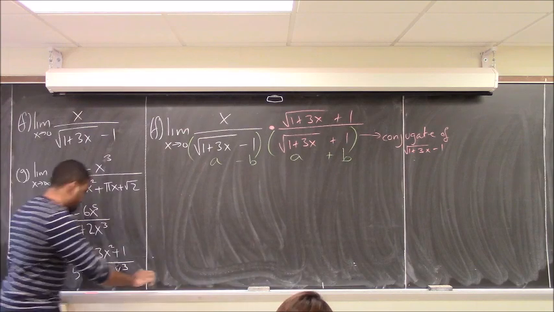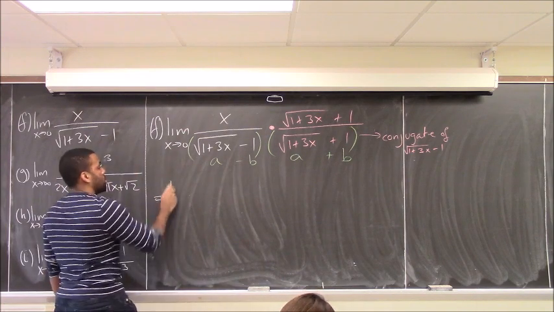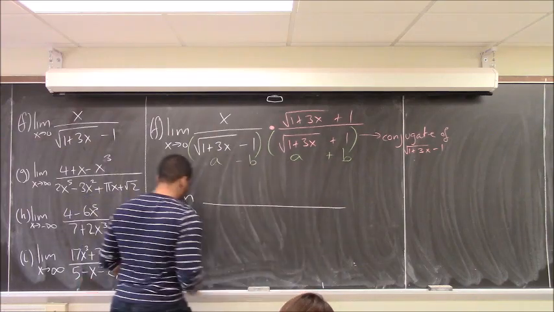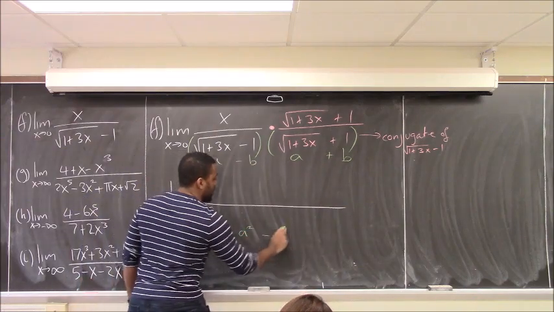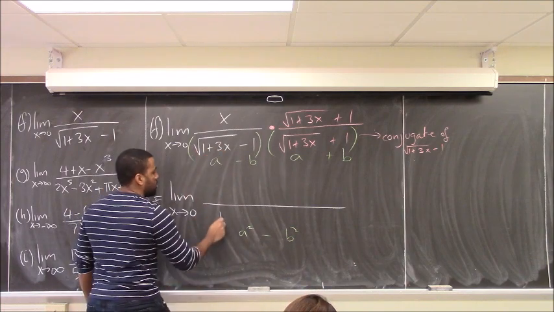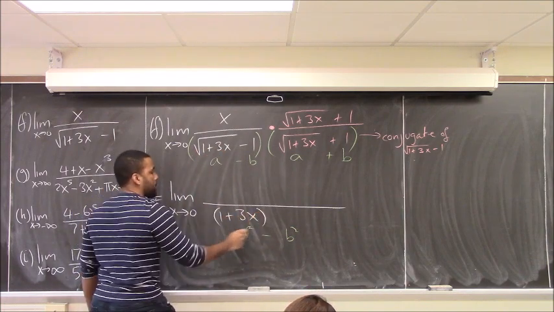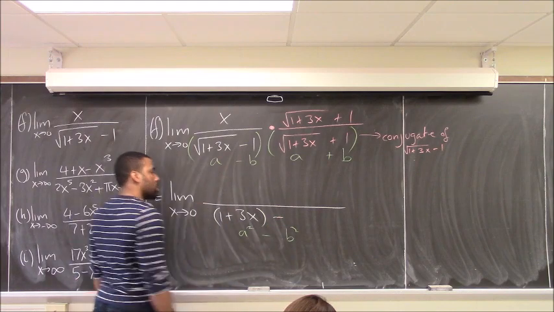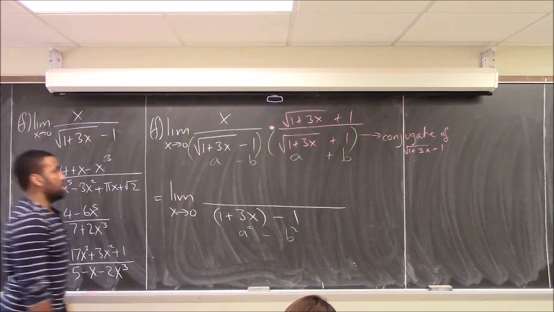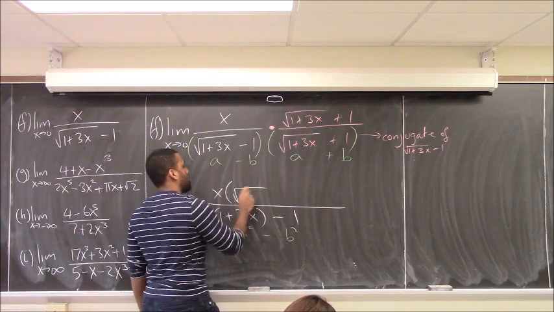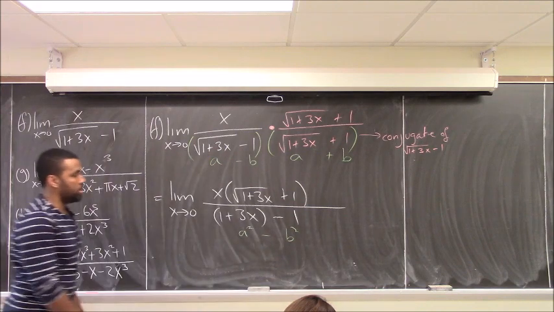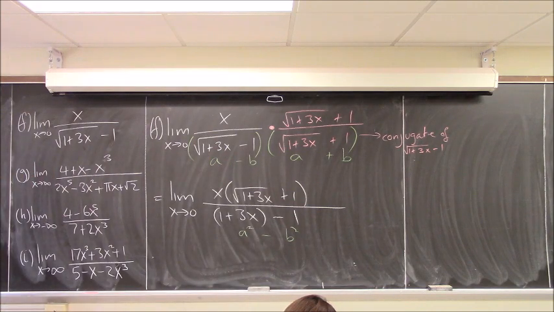So in the denominator, I know we should have a squared minus b squared. So that's just the first thing squared, which gets rid of the radical, minus the second thing squared, which is the 1. 1 squared is 1. And in the top, we just multiply out. So that simplifies into that.